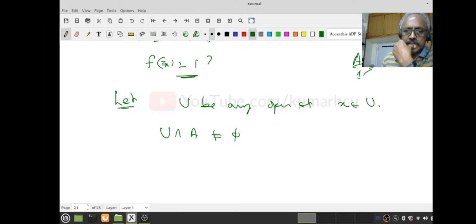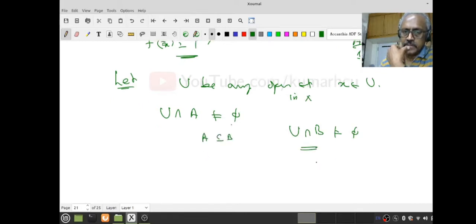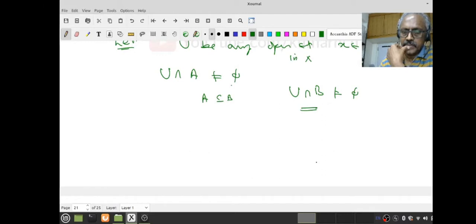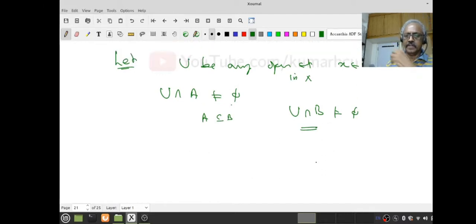See, this is an open set in X. Right? Therefore, U intersection B is also not empty, because U intersection A is non-empty and A is a subset of B. Therefore, U intersection B is not empty. Do you follow that? Okay. Now, since x is an adherent point, there exists an a in U intersection A.